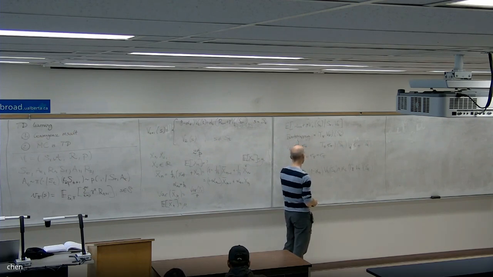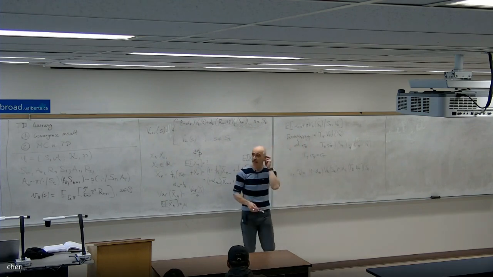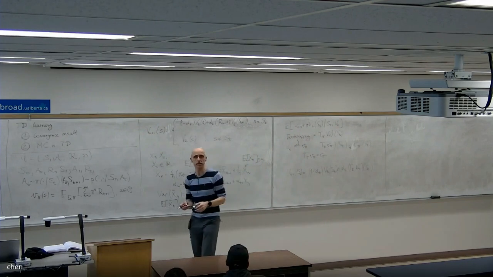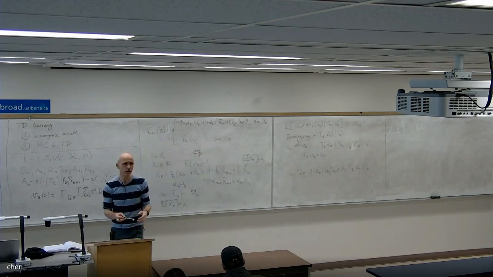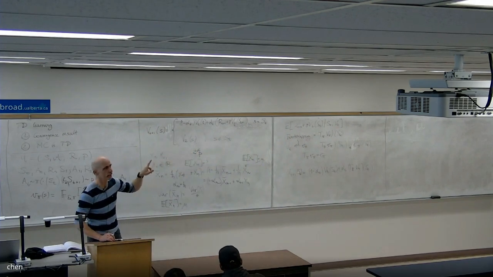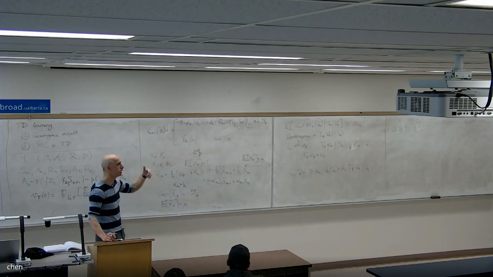And the question is whether this is going to work or not. And here there is yet another inconvenient thing. We're only updating one state at a time. And that state depends on where the trajectory goes.